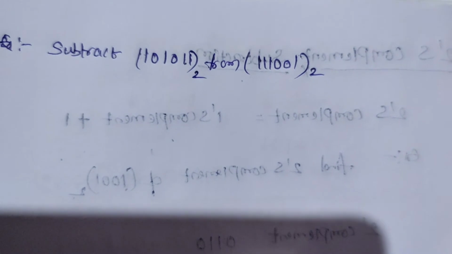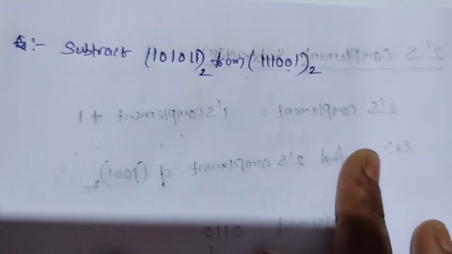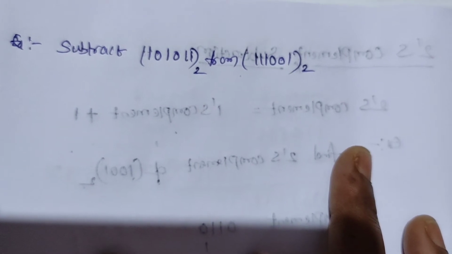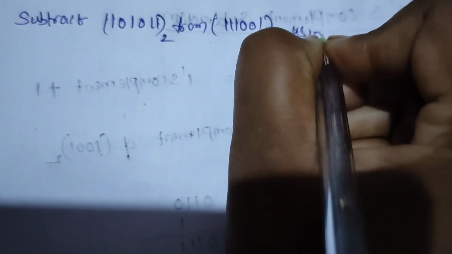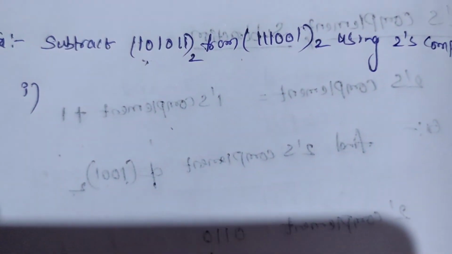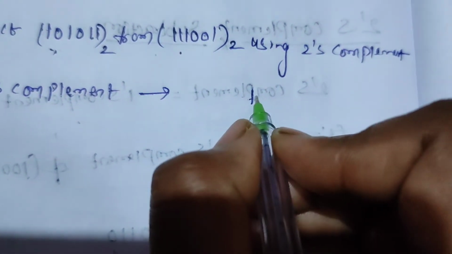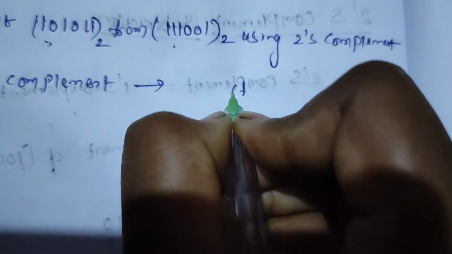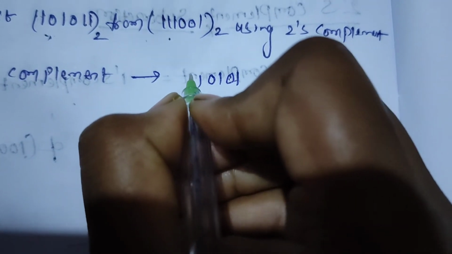Let us see it with an example. Subtract 101011 from 111001 using 2's complement. Step 1 is to find the 2's complement of the smaller number; this is the smaller number and this is the larger number. The 2's complement is 101010.